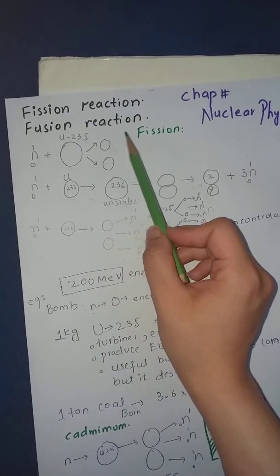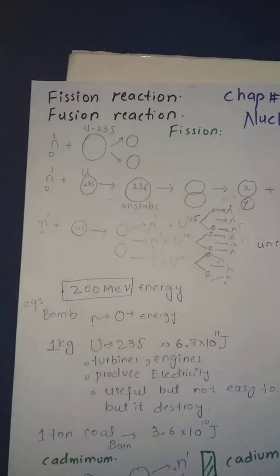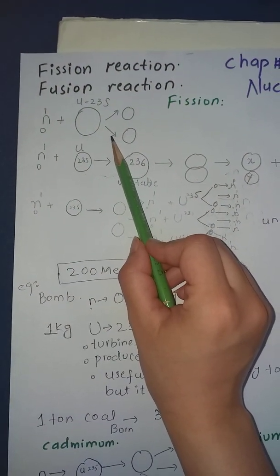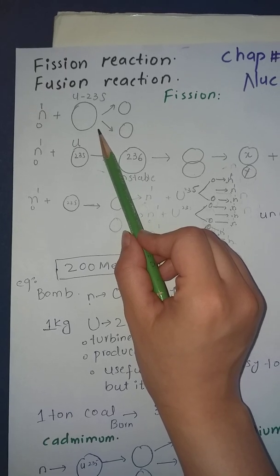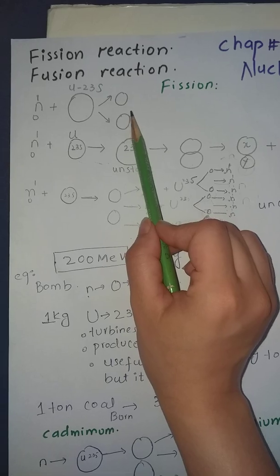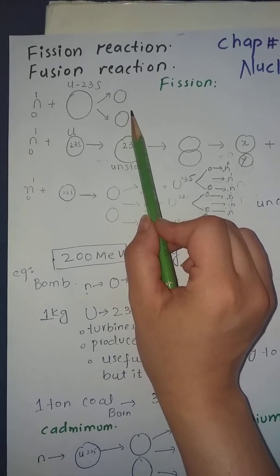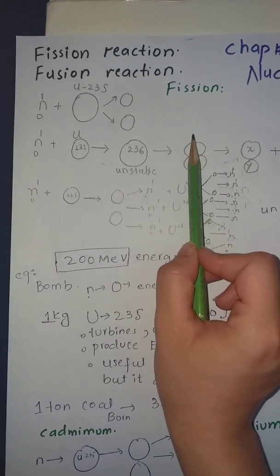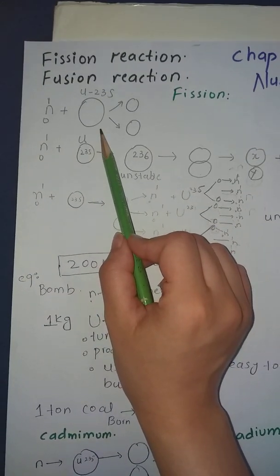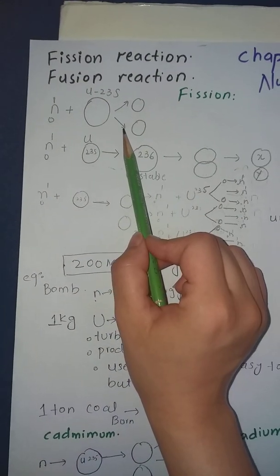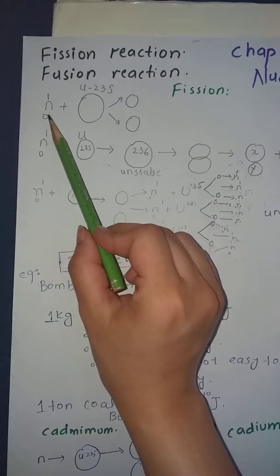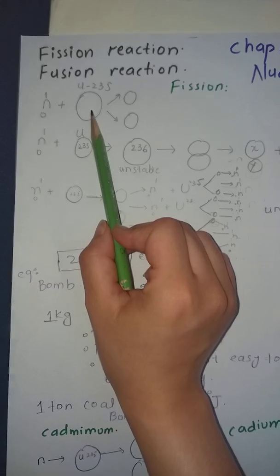It is a reaction in which a heavy nucleus splits into two nuclei with the release of an amount of energy. When a heavy nucleus is converted into two small nuclei with energy when a neutron is bombarded on it.